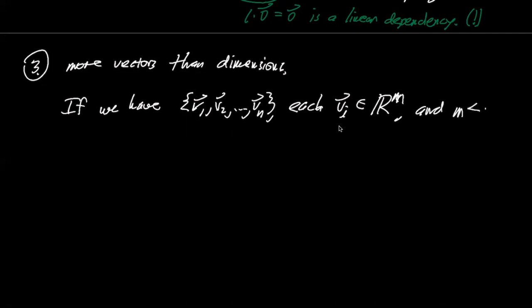I want more vectors than dimensions. Just for example, n equals 5 vectors and m equals 3 dimensions.